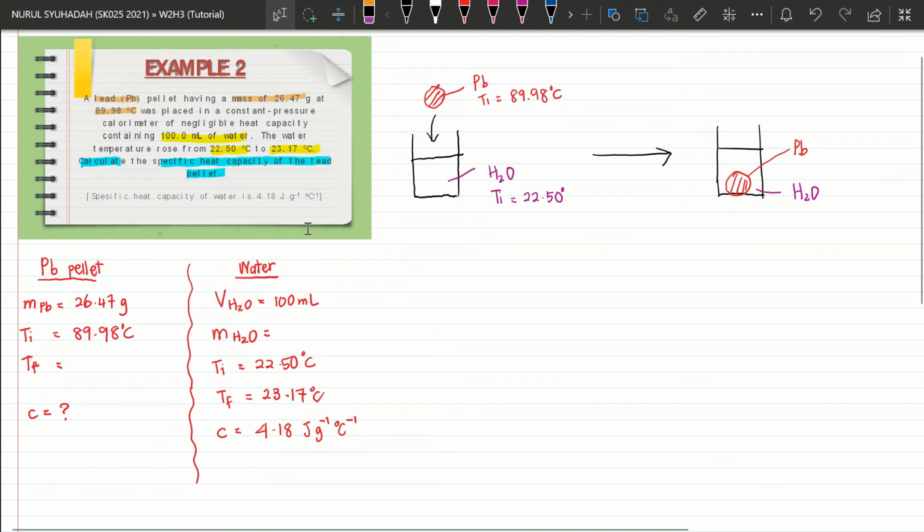So this is our question just now and all the information that we have discussed earlier. The left hand side is for the lead pellet, and the right hand side is all the information on water. This is the diagram of what's actually happening. At first we have a lead pellet with its initial temperature, and it is put inside water that has a temperature of 22.5 degrees Celsius.